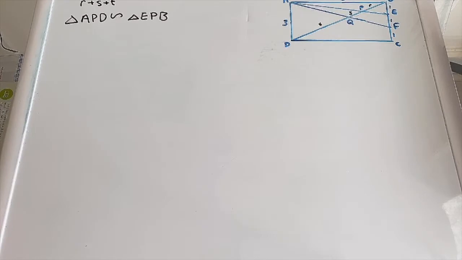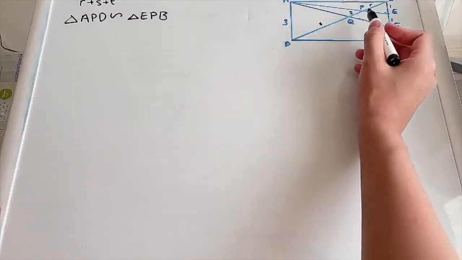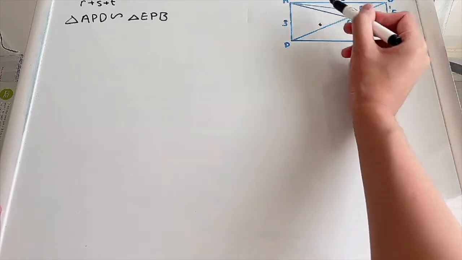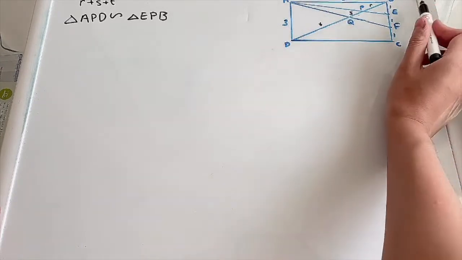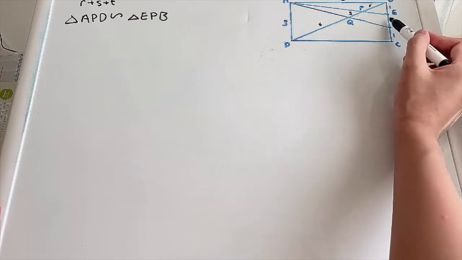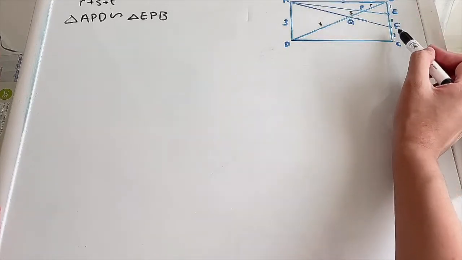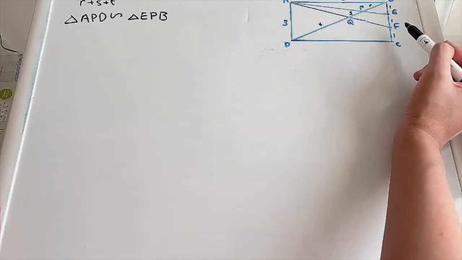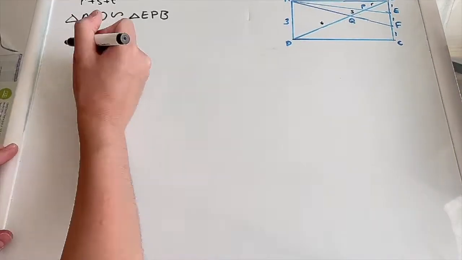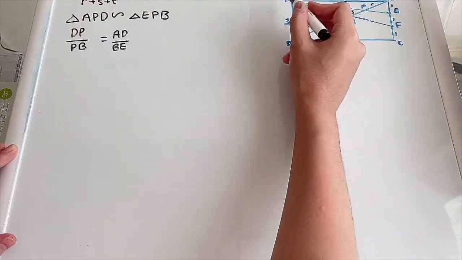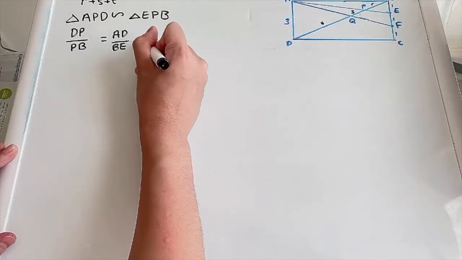Since we know these two triangles are similar, then DP to PB, so the R and the S plus T, is equal to AD to BE. Because we know that this is divided into 3 equal segments and this whole segment is 3, then we know that these 3 segments are each 1. Since AD is 3 and BE is 1, AD over BE would equal 3.